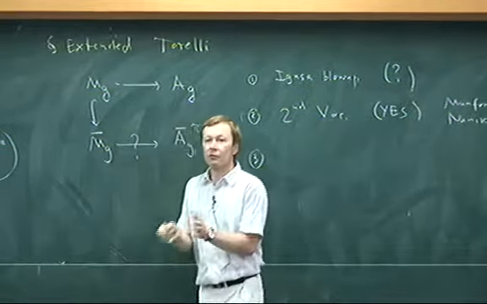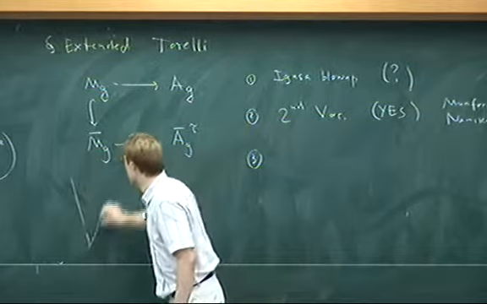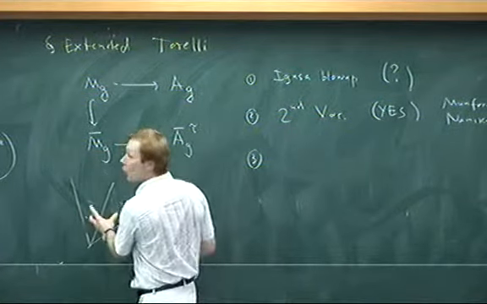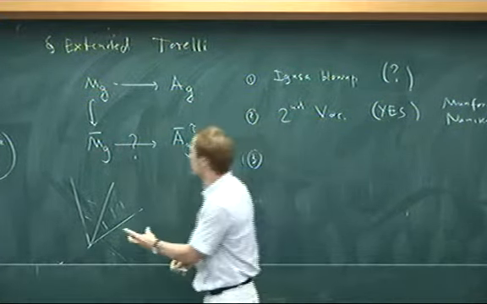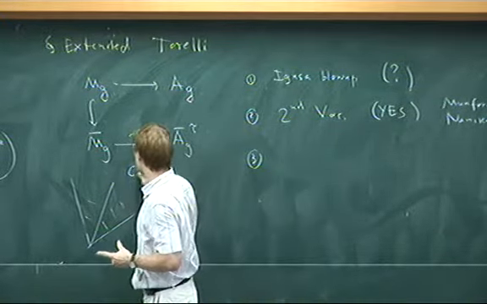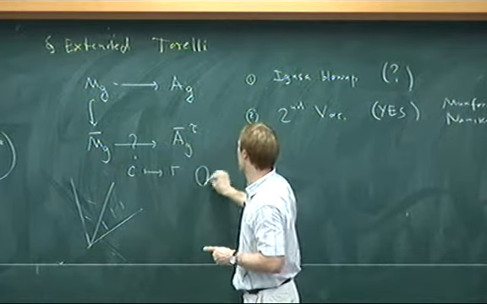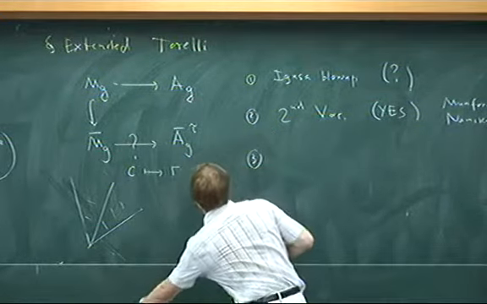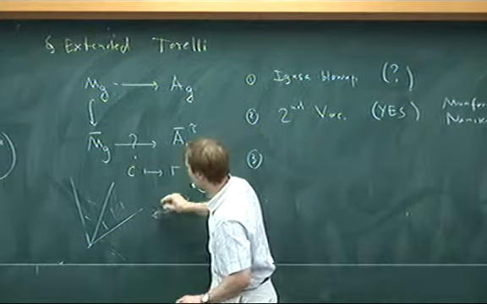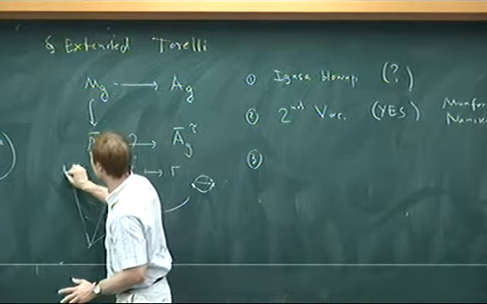M_g bar, as a stack, is smooth, and it's toroidal, so it corresponds to a collection of simplicial cones. For every stable curve C, there is the dual graph of the stable curve, and from that you get a picture with the cone and some linear forms.